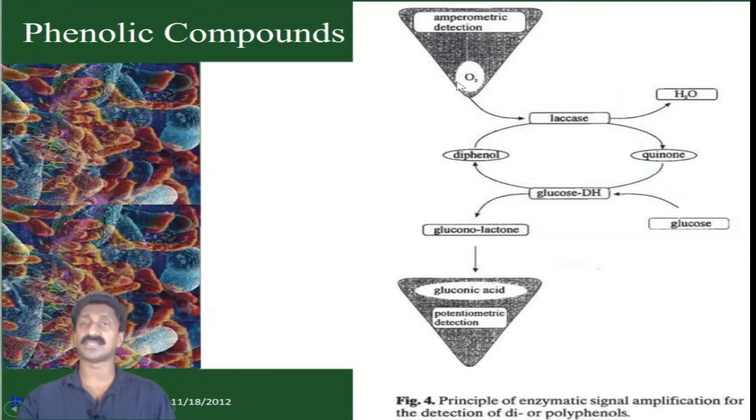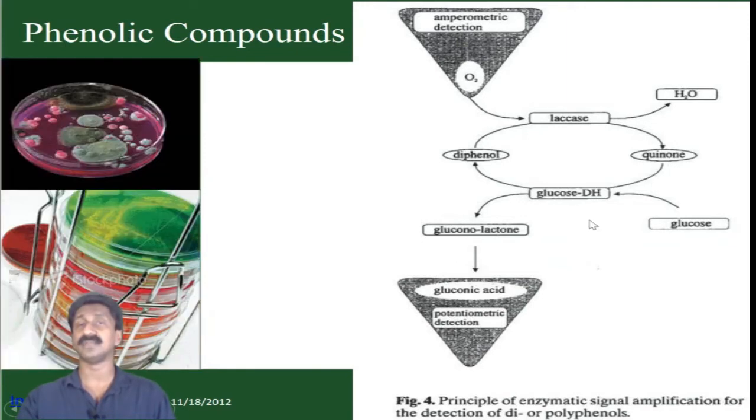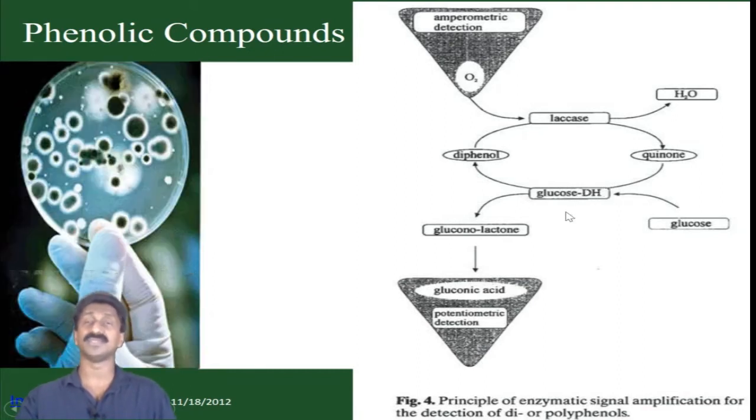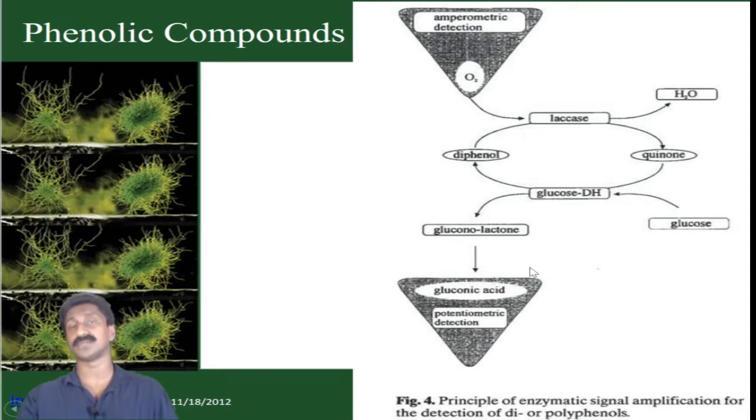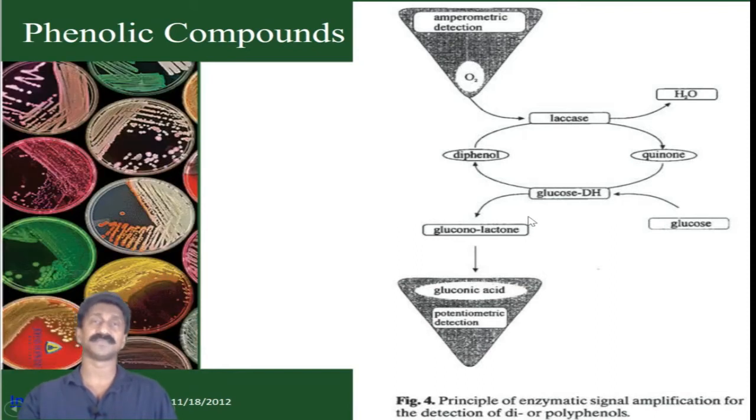And at the later stage, the degradation of quinone compounds to gluconic acid can be detected using the immobilized glucose dehydrogenase enzyme system, which is based on a potentiometric detection system. So these are some of the phenolic compound detection systems.